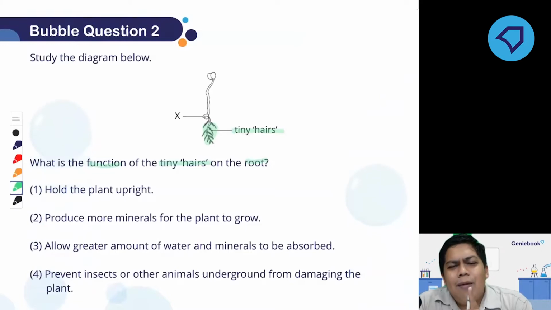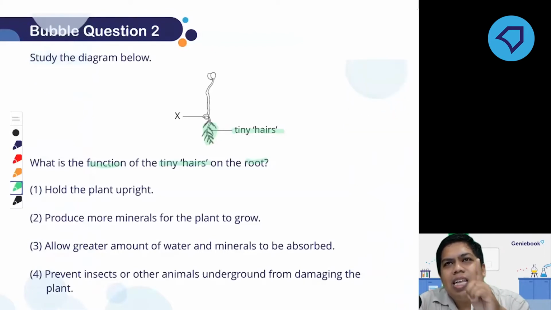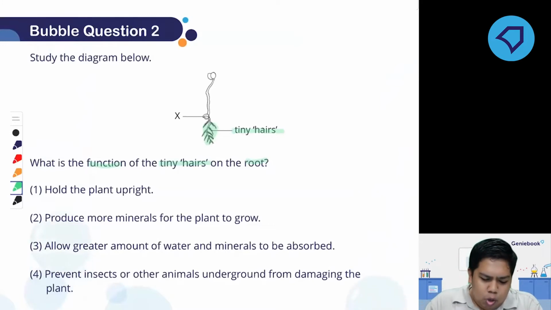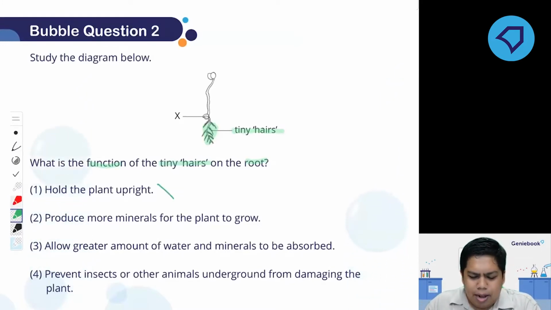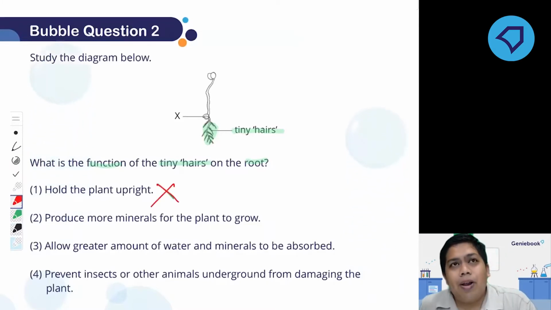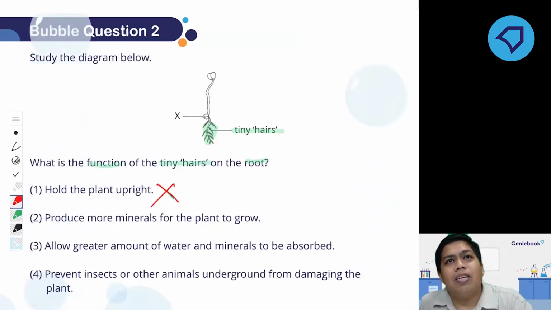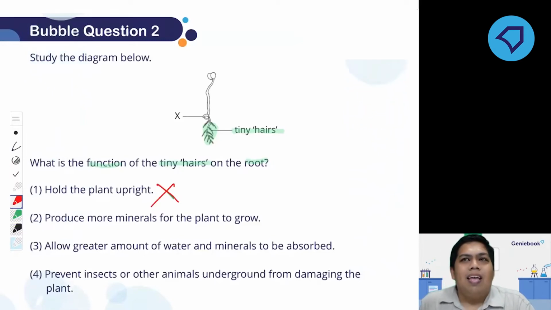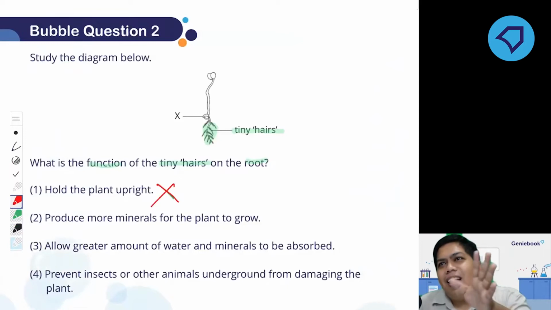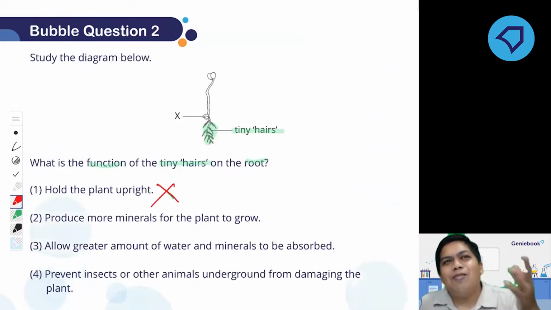Like I mentioned just now, the hair-like structures on roots, or in this case, the tiny hairs, is to increase surface area of the roots. So it is not about holding the plant upright. Anyway, that's the function of the stem. Like I said, I rephrased it so it's not so obvious.